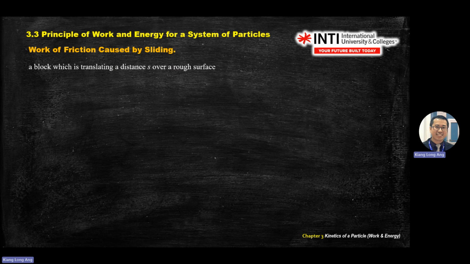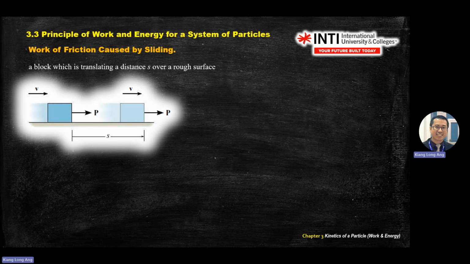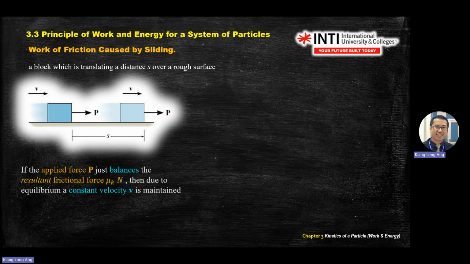But to find the friction force, what do you need? The normal force, because friction equals mu k N. So be careful on the direction that you analyze, and don't confuse it with the normal. You need normal to find friction, and you need friction to answer questions using the principle of work and energy.